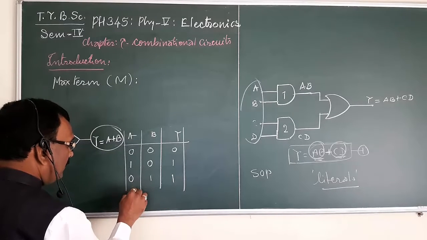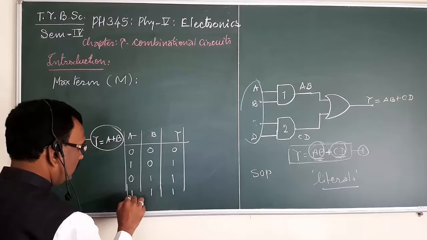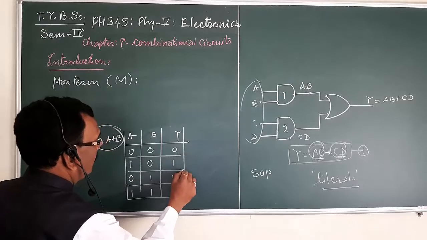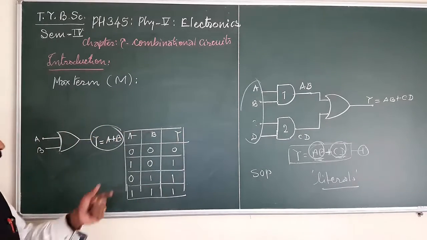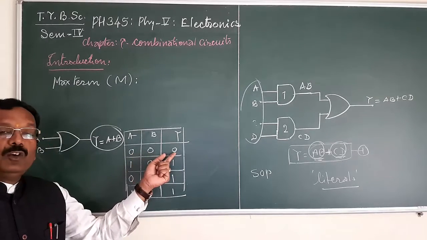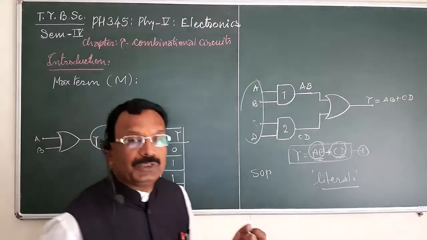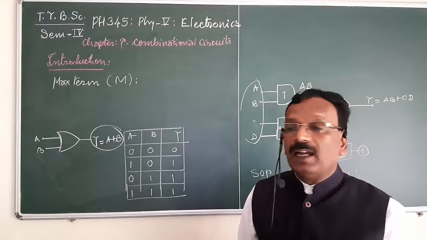And when A is 1, B is 1, then output is 1. So this is the truth table. Or in digital language we can say that when both the inputs are logically low, the output is low. If any one of the inputs is logically high, then output is high.